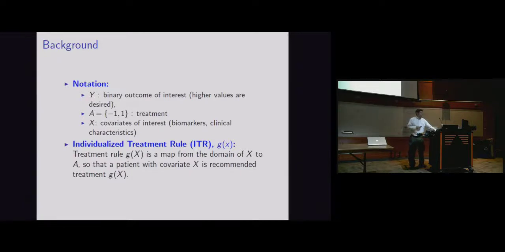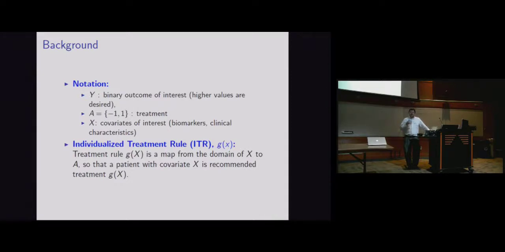Okay, so just a little bit of the mathematical notation here. I'm going to describe this with a binary outcome of interest, where a value of 1 is desired. But all of this could be done with a continuous outcome as well. So we have Y of 1 is a good outcome, and Y of 0 is a bad outcome. Treatments are essentially binary in this setting, but again, this could also be extended to more than 2 treatments.